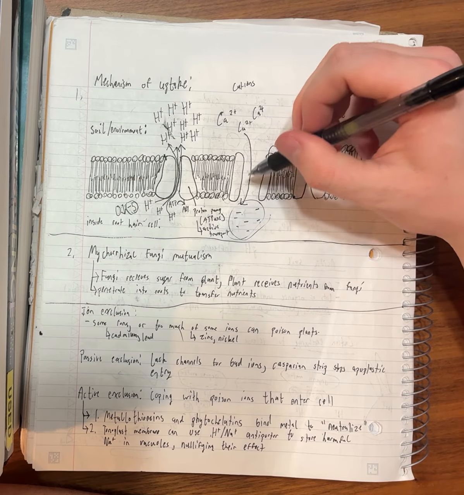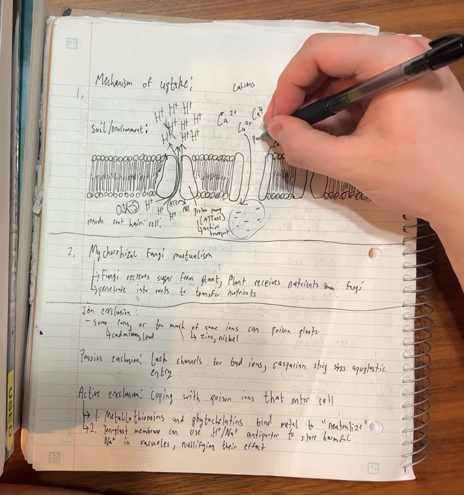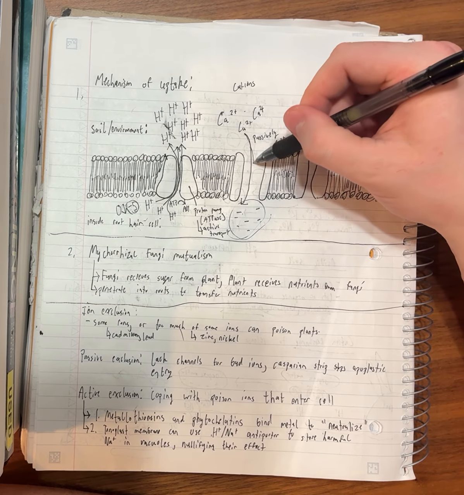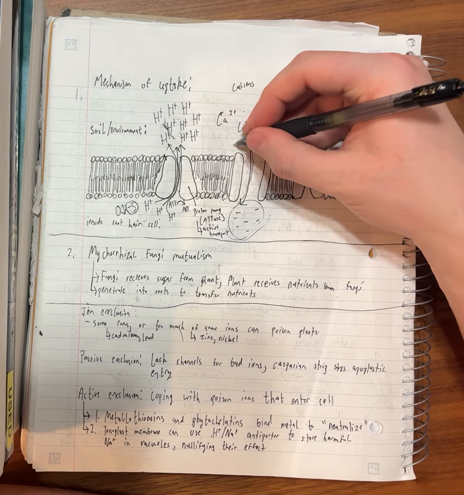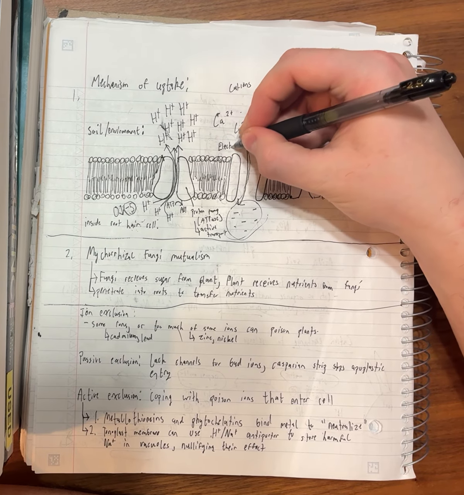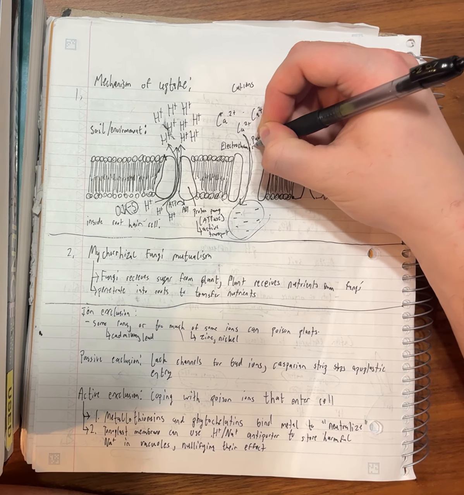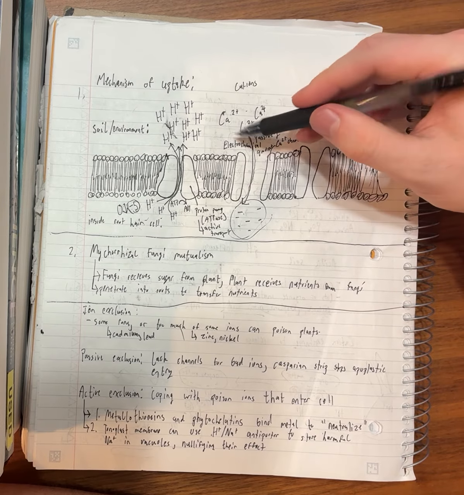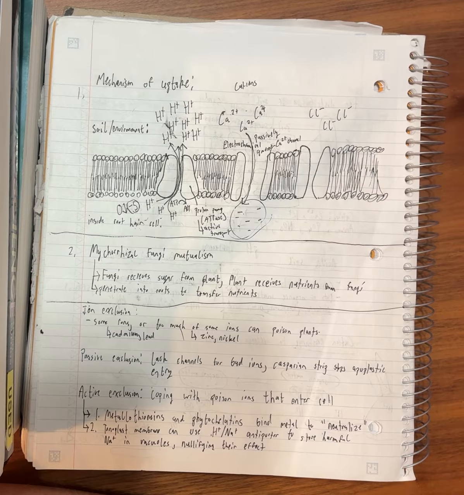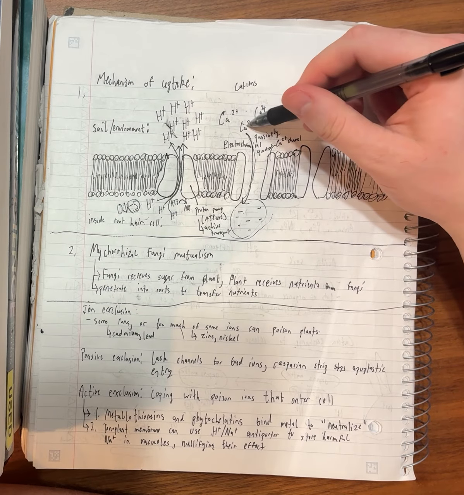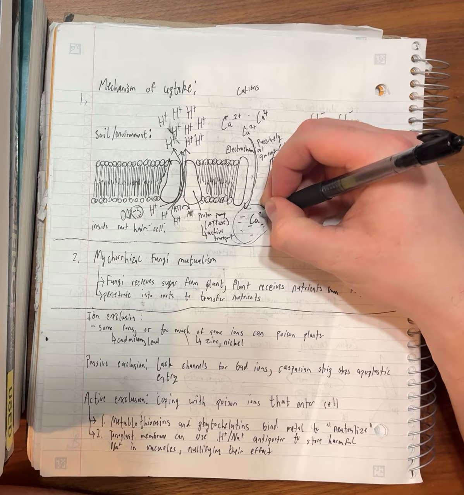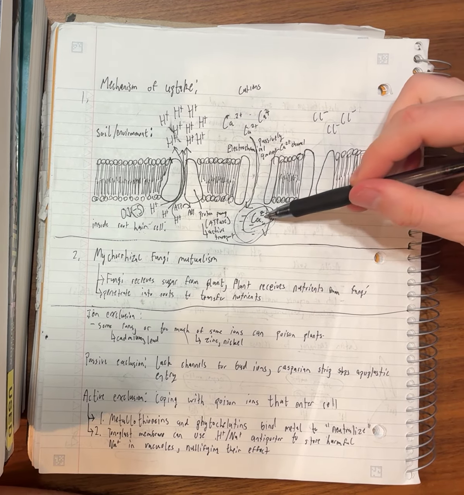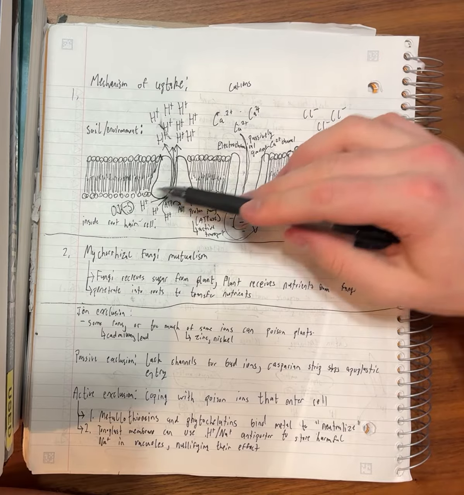So this negative interior is going to passively allow this calcium to flow down its electrochemical gradient. I can't read that super well, but it says electrochemical gradient. It's going to passively flow, and we are going to get our calcium ions into the cell. All right, great. I've got my calcium cations now that I wanted for my plant.